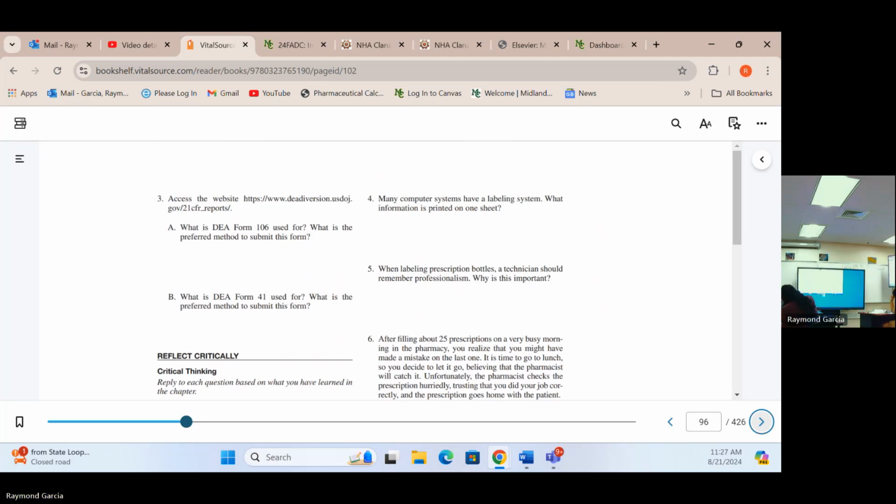It has auxiliary labels, so that we can warn the patient of certain side effects or where to keep it. And it also has a medication guide.